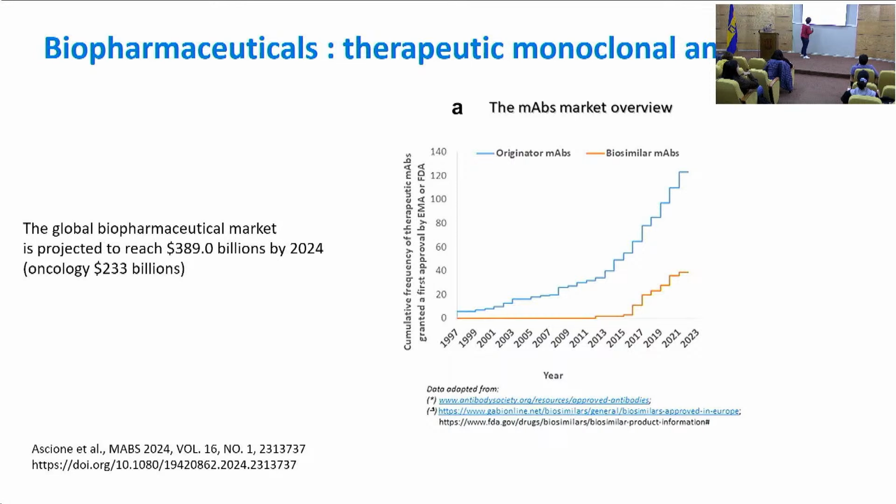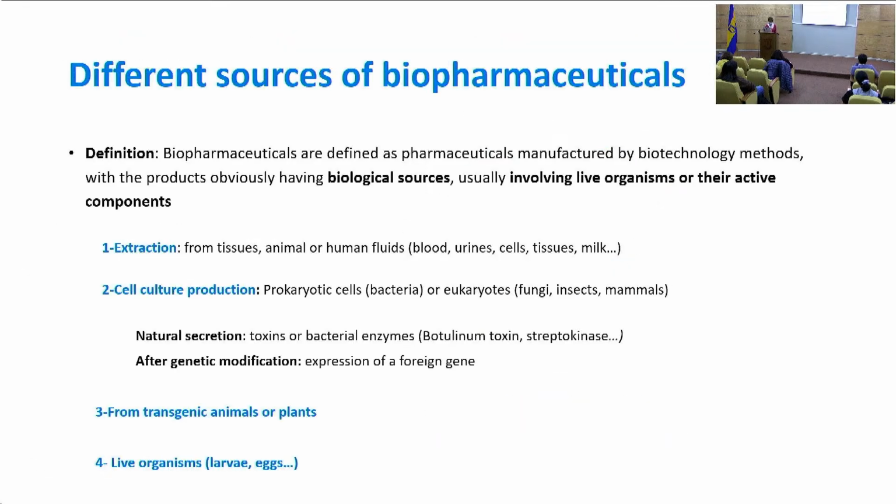So for this reason, it's mandatory to develop rigorous quality control methods dedicated to proteins and mAbs. But there are not only mAbs. It's one type of therapeutic protein.